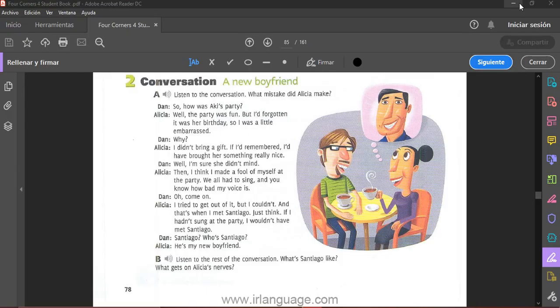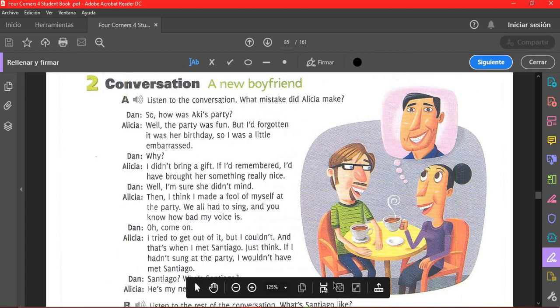Page 78. Exercise 2. Conversation. A new boyfriend. Part A. So, how was Aki's party? Well, the party was fun, but I'd forgotten it was her birthday, so I was a little embarrassed. Why? I didn't bring a gift. If I'd remembered, I'd have brought her something really nice.